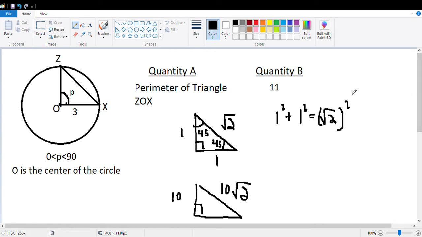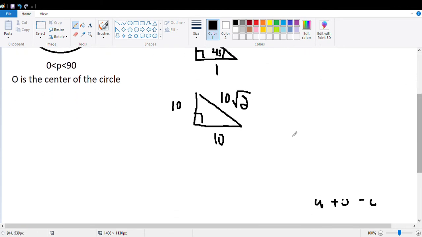Alright, so I see the triangle inscribed in the circle, and now the question is, what are the possible perimeter values of this triangle? If I have a triangle like this, and I grab these two sides right here and open up the angle between them, for example open it up wide, I can see that the black side is increasing in size.